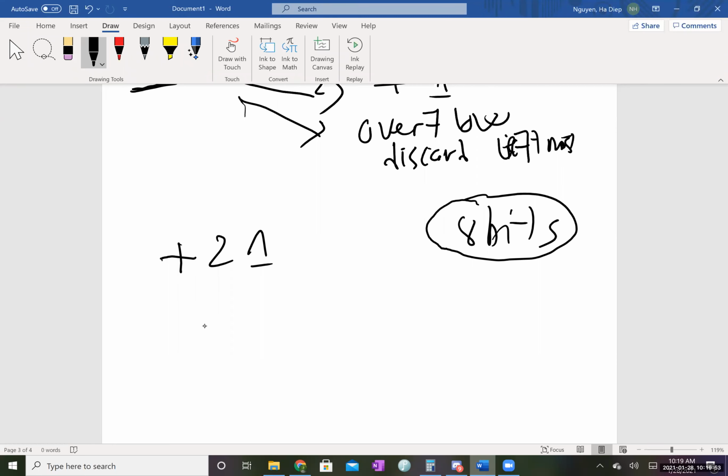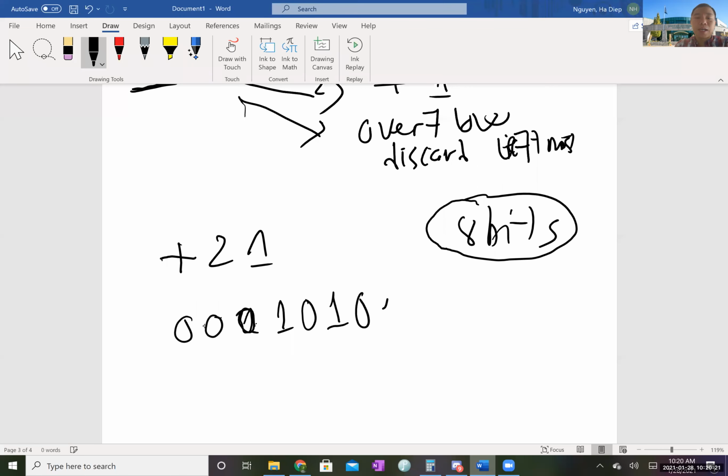Is it 0, 0, 0, 1, 0, 1, 0, 1? Yes. 0, 0, 1, 16 here, right? So you have the 64, you have 0 here, you have 1 here, 16, right? 16, 8 here, 4 here, 0, 1 here, right?